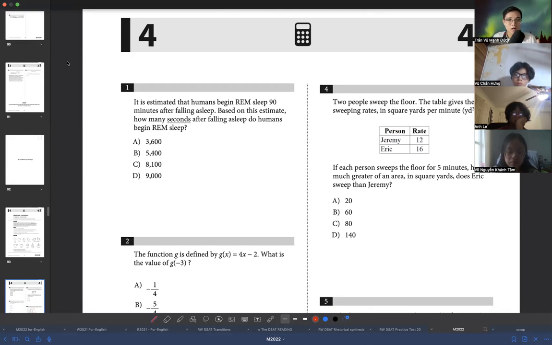You need to focus more on your time, because on the SAT, you not only have to worry about accuracy, you have to worry about time. You only have about 30 minutes each section, and there are lots of questions to go through, 27 or 24 questions.